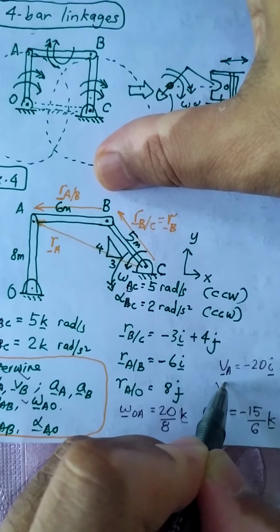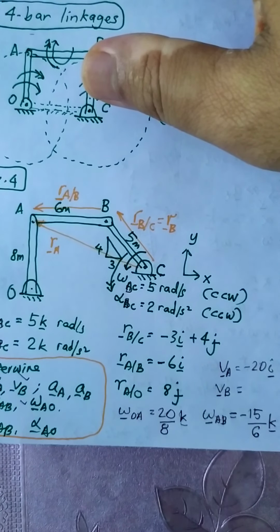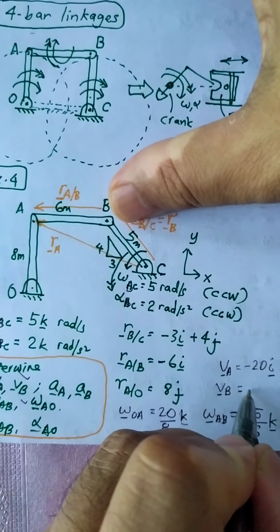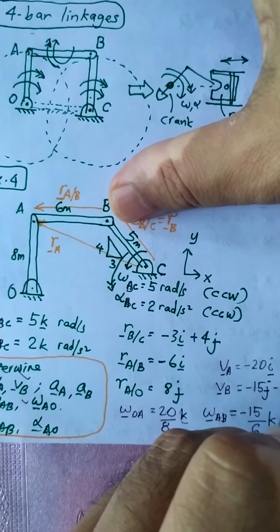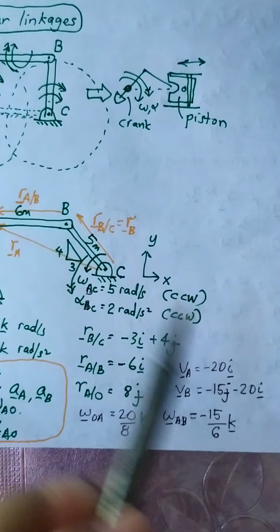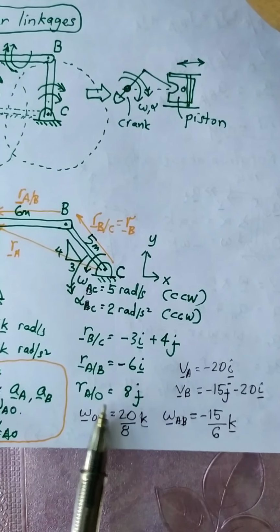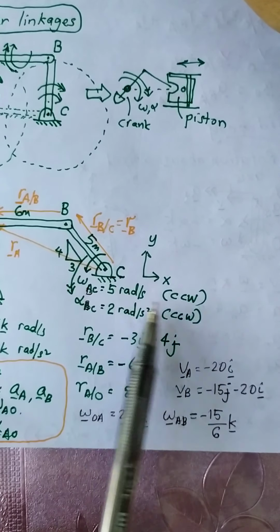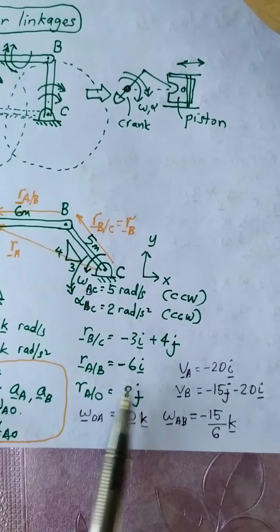And then we have VB, and VB is minus 15j minus 20i. So we already added all the answers that we obtained. The green ones are from the original question. These are the ones that we answered from the velocity component.